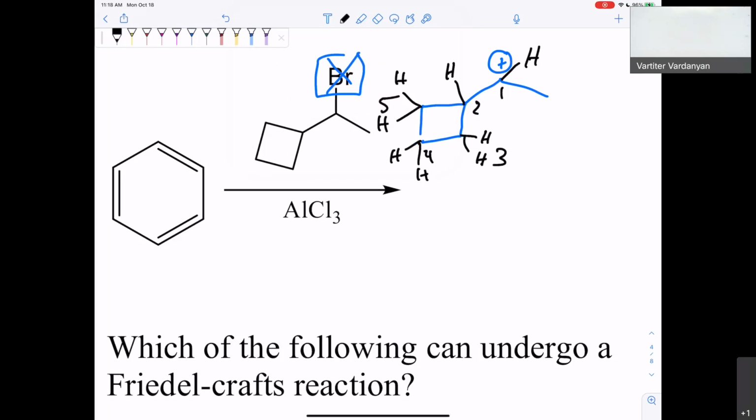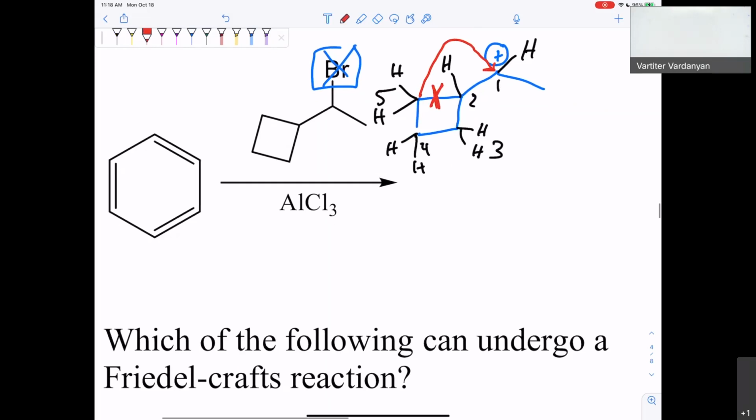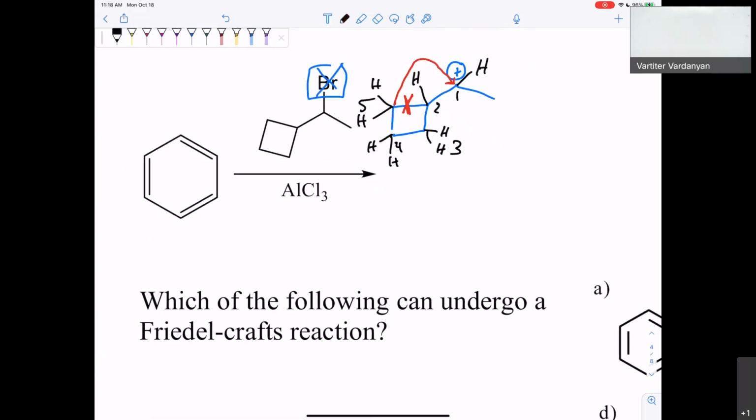So when we do a ring expansion, we're going to break this bond right here. And we're going to attach this carbon to the cation. And so when we redraw it, I'll make this carbon 1. We get a 5-membered ring. So this will be 2, 3, 4, 5.